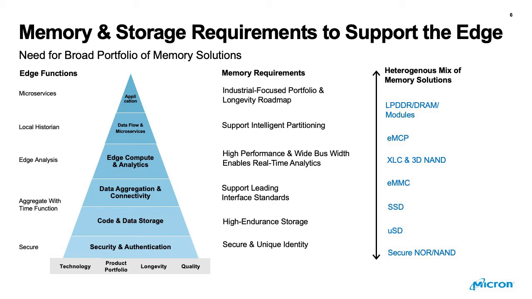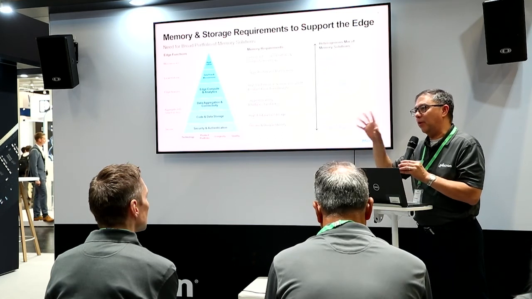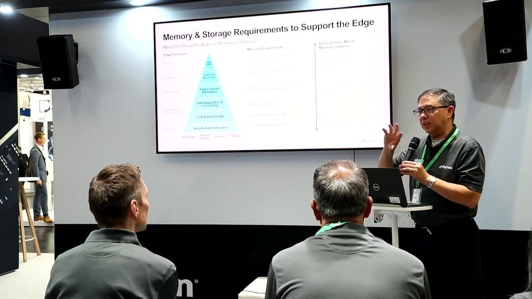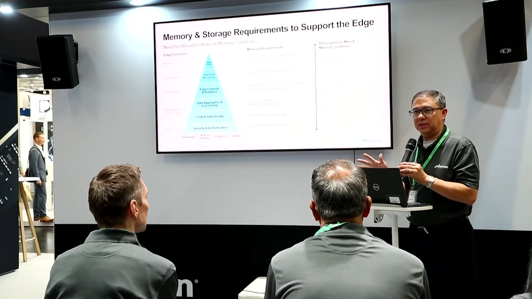And then obviously we've got other devices, the eMMCs, the NAND eMCPs, and of course our LPDRAM. So you've got to go to a company that supports all of these technologies. A lot of other companies are more focused on one technology versus another. But if you're really creating an edge platform, you're going to need all of those technologies to make it work.